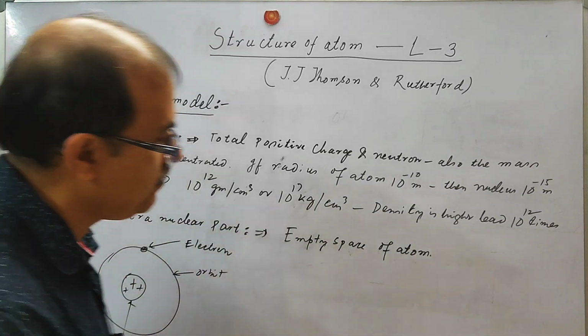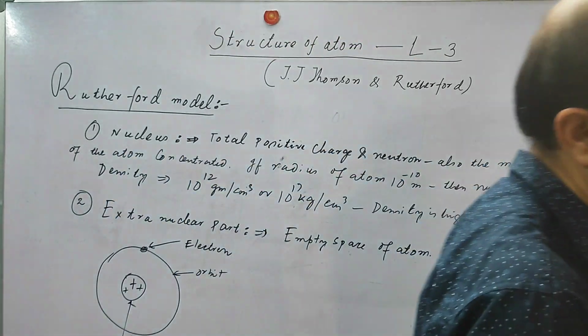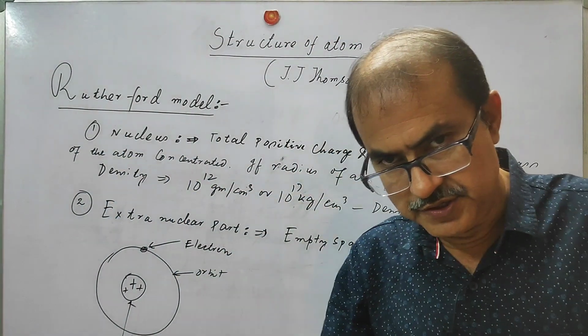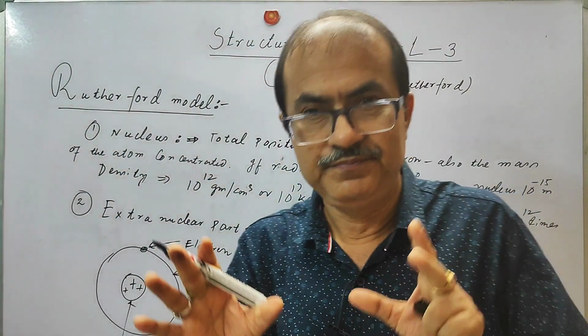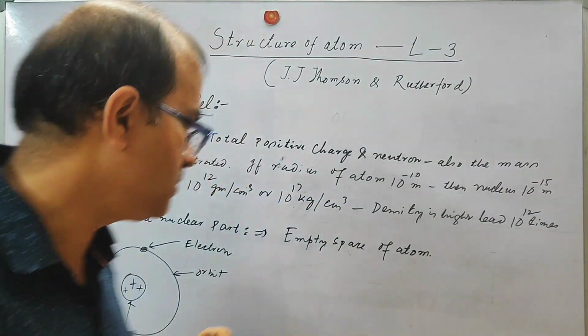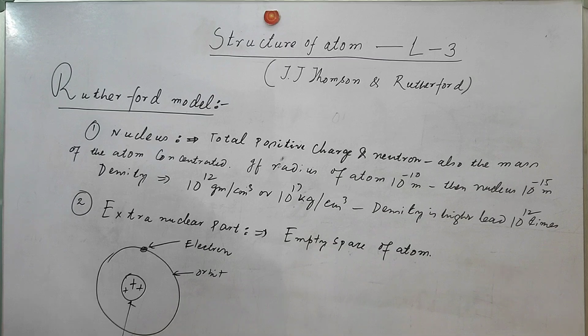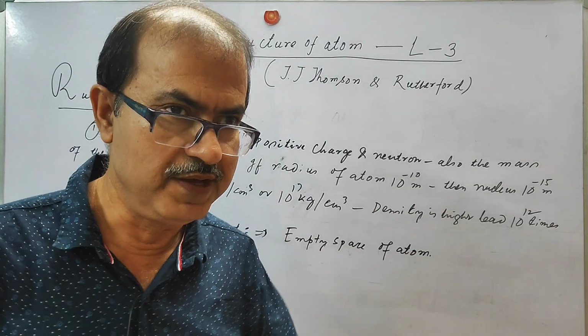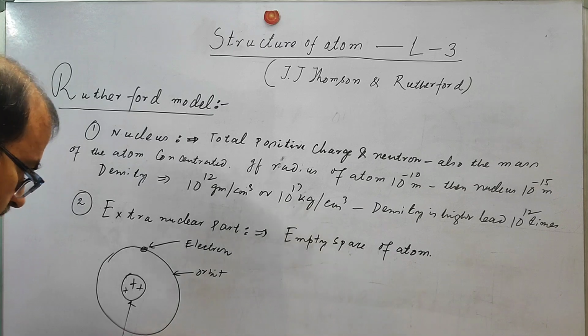So you can easily visualize this model. It resembles the solar system. In the solar system, you can see the sun in the center and the planets revolving in the fixed orbits.